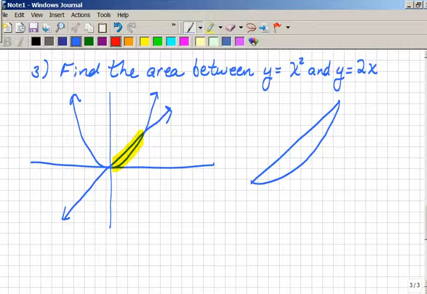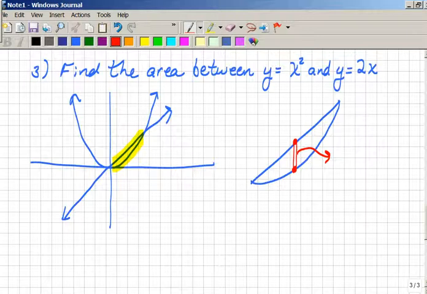Now we're going to use the same technique, and that is we're going to examine this area as a series or a sum of individual rectangles. So looking at that one red rectangle, the only thing we have to figure out is the height of that rectangle. Well, again, the height is the y-coordinate of the top point and the y-coordinate of the bottom point, the difference of those two.